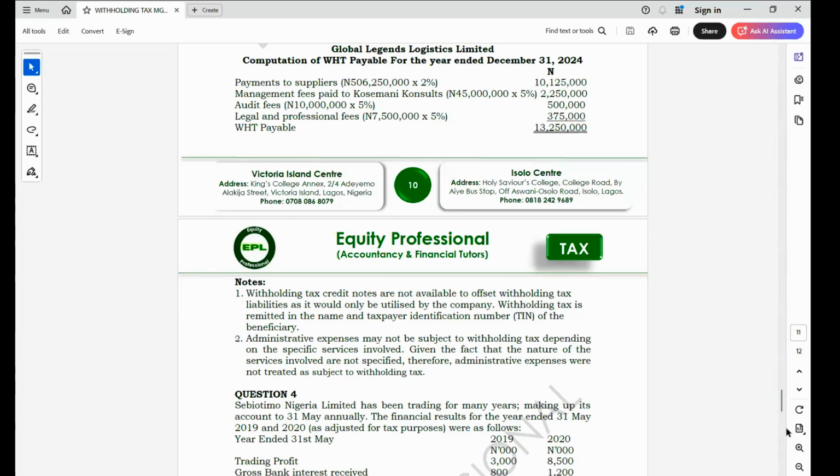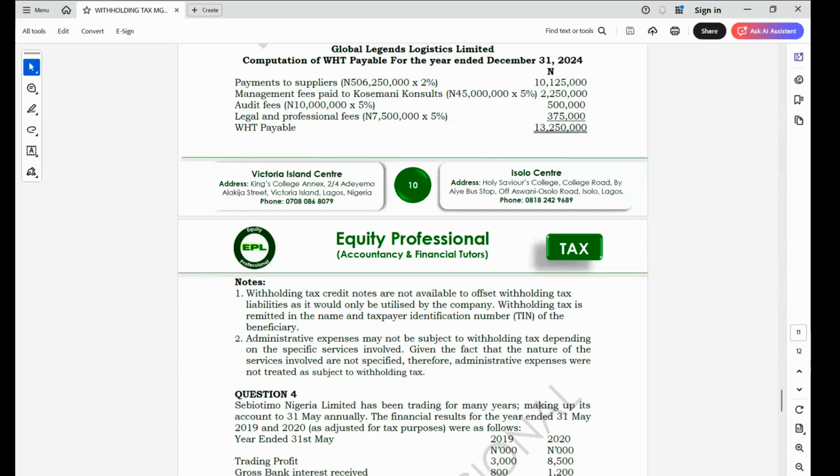Yes, we have treated withholding tax claimable and how to deduct it. So how do we treat the payable? The payable, you pay it to the relevant tax authority. There is no treatment for it. You pay it through a payment schedule. So when you want to pay it, you do the schedule.